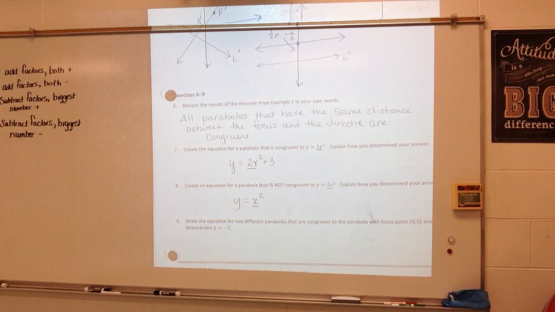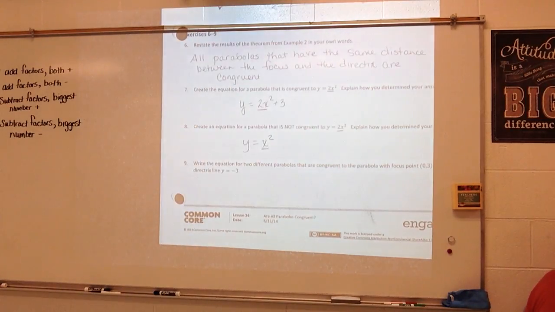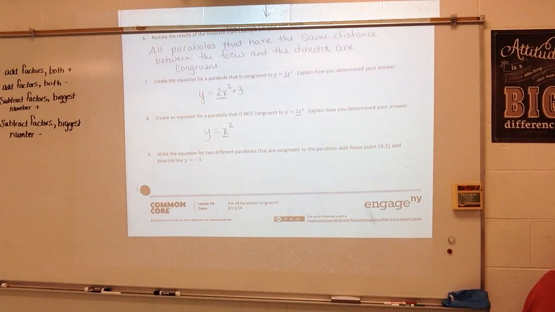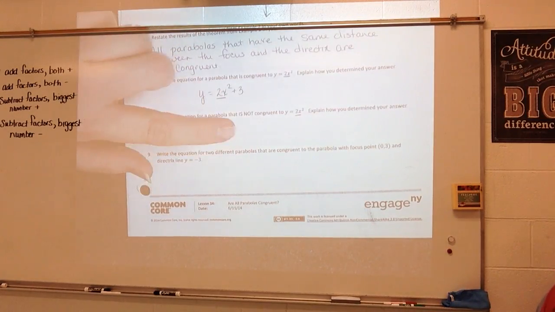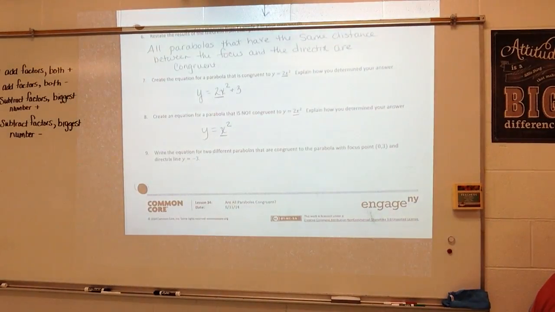Write the equation for two different parabolas that are congruent to a parabola with a focus point of (0, 3) and the directrix line y is equal to -3. All right, so think about this. I don't even have to go through the whole distance formula and everything. If the focus point is at (0, 3), that means it's 3 from the vertex.